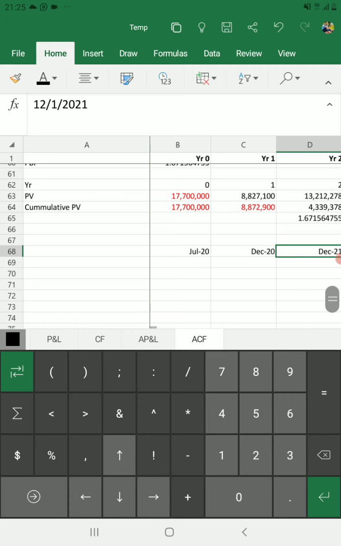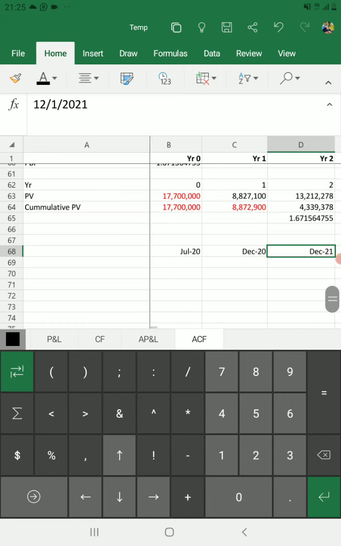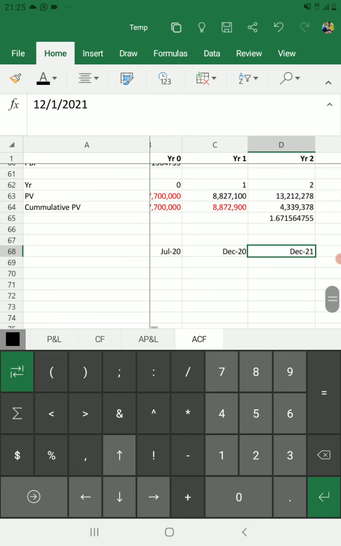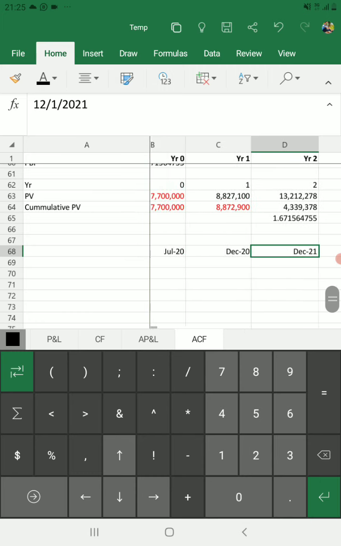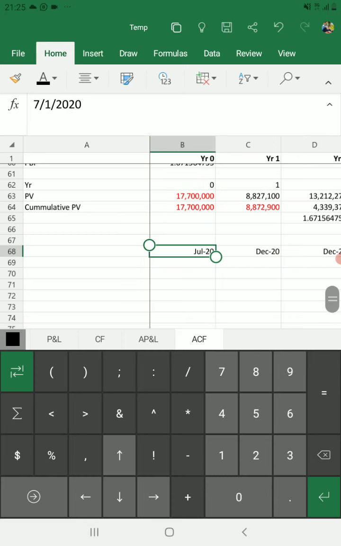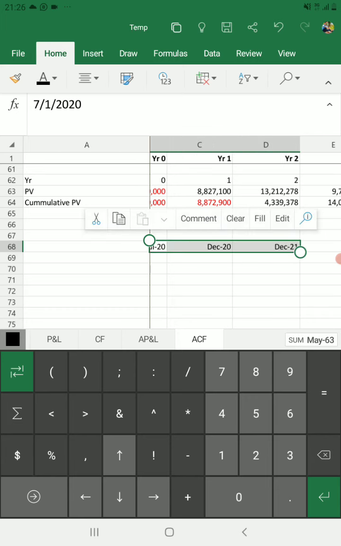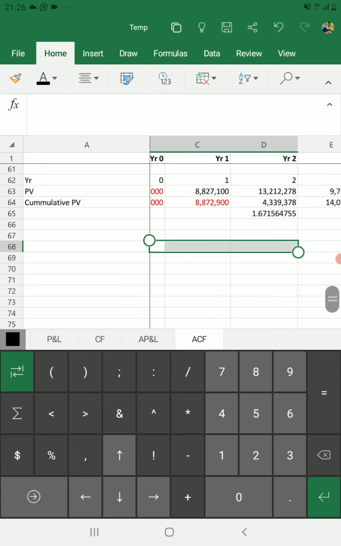So you cannot use NPV or IRR in this case. You need to use XNPV and XIRR. We will do that in the next lesson. For now, let us end here, and I just want to select and delete these ones. Clear. So let us end here, guys, and let us meet in the next tutorial.